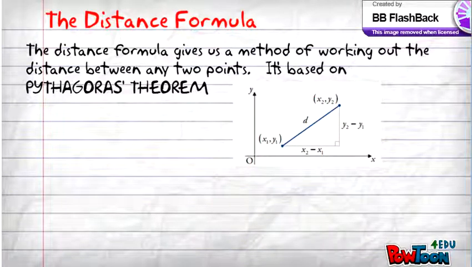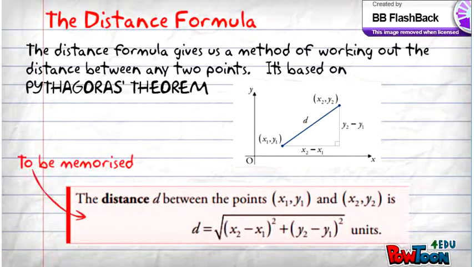So here we have now a line that's not horizontal or vertical, just a line joining 2 points x1, y1, x2, y2, and by constructing a right angled triangle with lines parallel to the x and y axis, and using what we've developed above, then what we can do is use Pythagoras to say that the distance between these 2 points is just going to be the difference in the x coordinates, x2 minus x1 all squared, plus the difference in the y coordinates all squared, and take the square root.